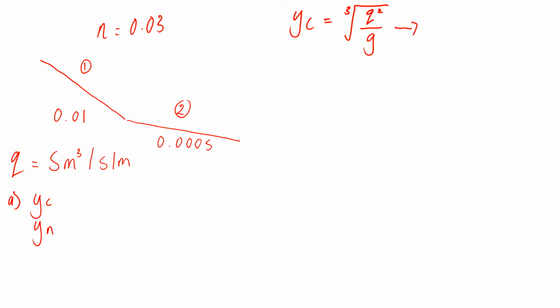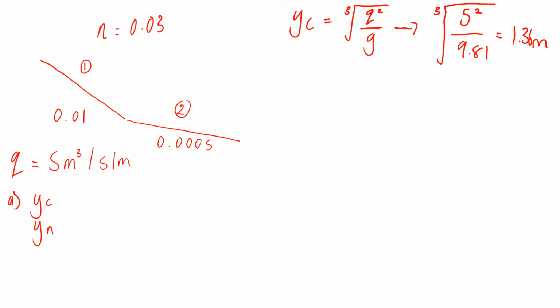That equals 5 squared over 9.81, cubed root, and you get 1.36 meters.